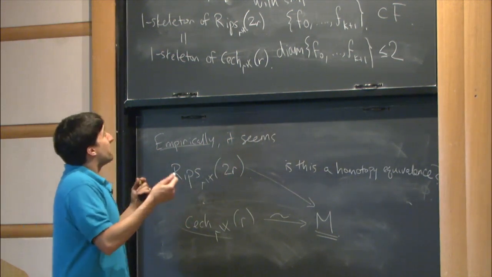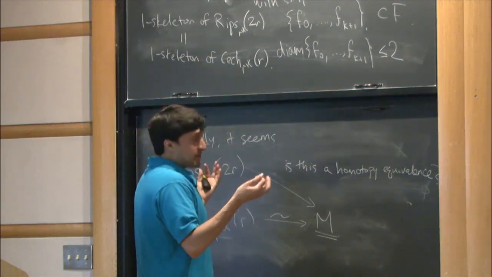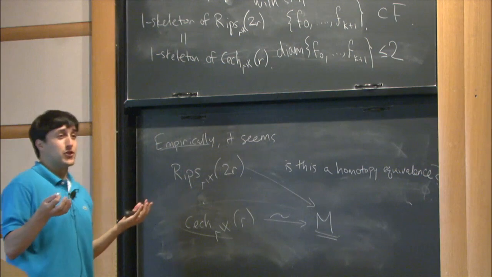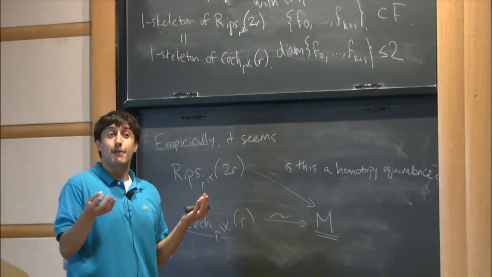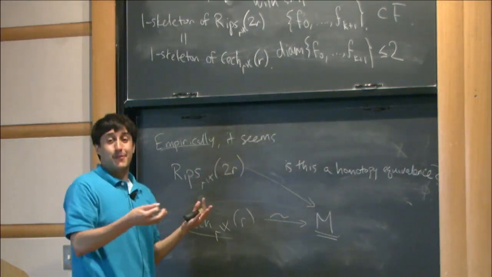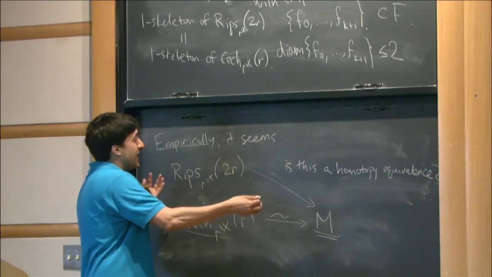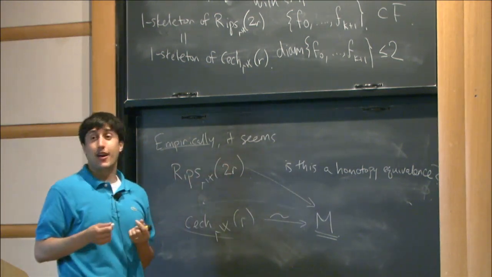So the number of edges in this complex is going to be proportional maybe to the volume of M, and volume of M many bits is going to be enough space to store the Rips complex.